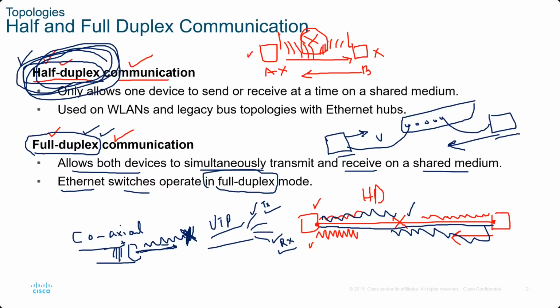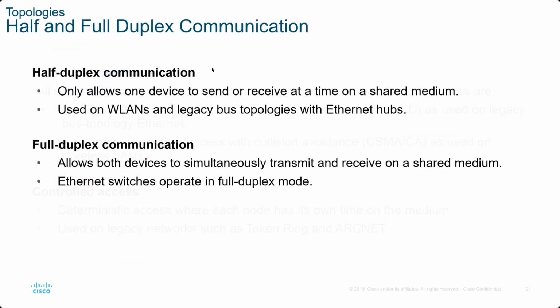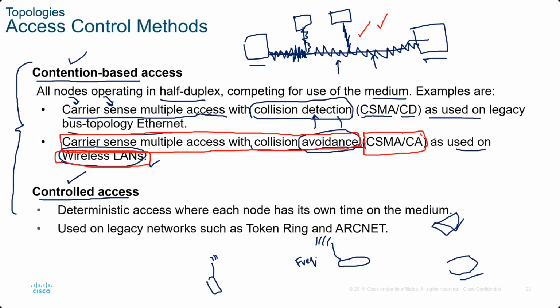Whenever you're running full duplex communication, you don't need CSMA-CD or CSMA-CA. When you're running half duplex communication, you need CSMA-CA or CSMA-CD. In the wireless case, instead of CD, we have CA, collision avoidance. We have to avoid collision because we cannot do detection in a wireless medium because it's shared. If there's a collision, there's no way for the devices to listen and understand if there was a collision.